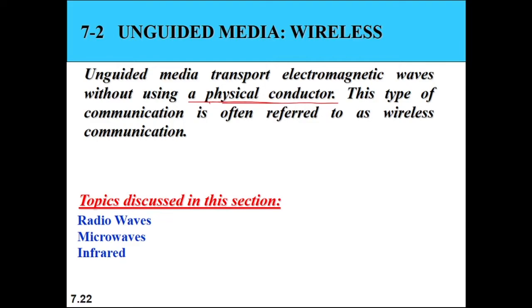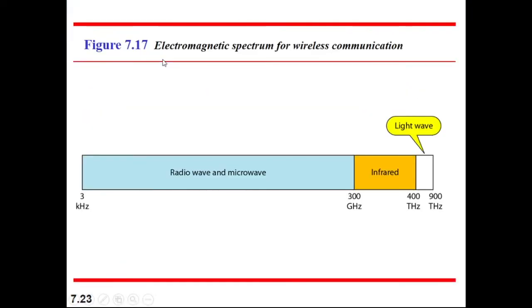This is the electromagnetic spectrum for wireless communication. Here you can see the radio wave and microwave, and they cover 3 kilohertz to 300 gigahertz. This is the range.